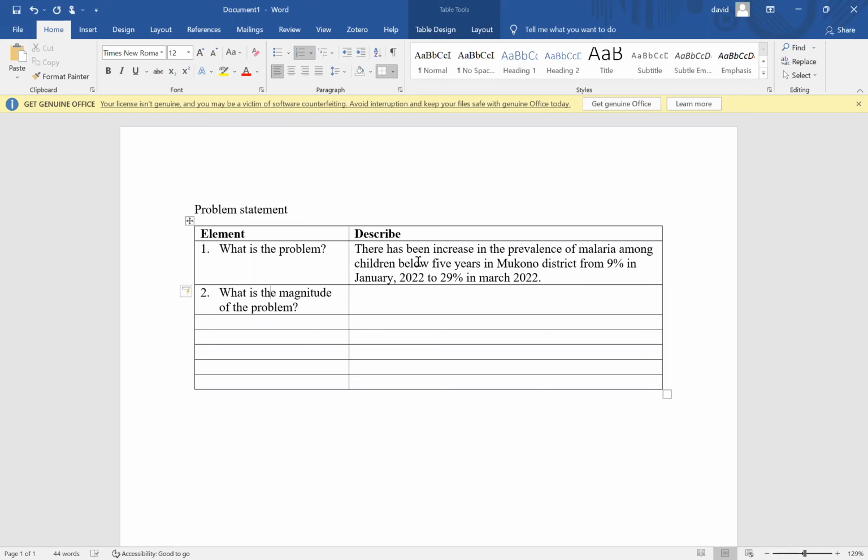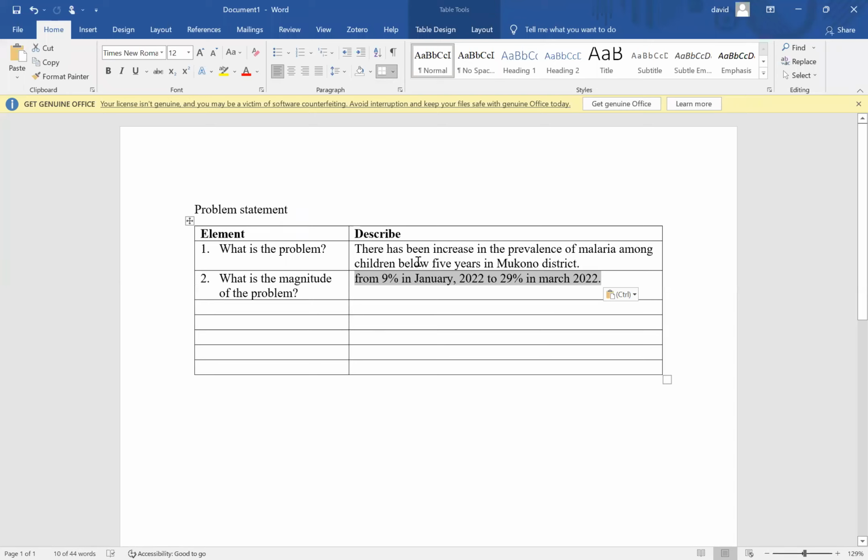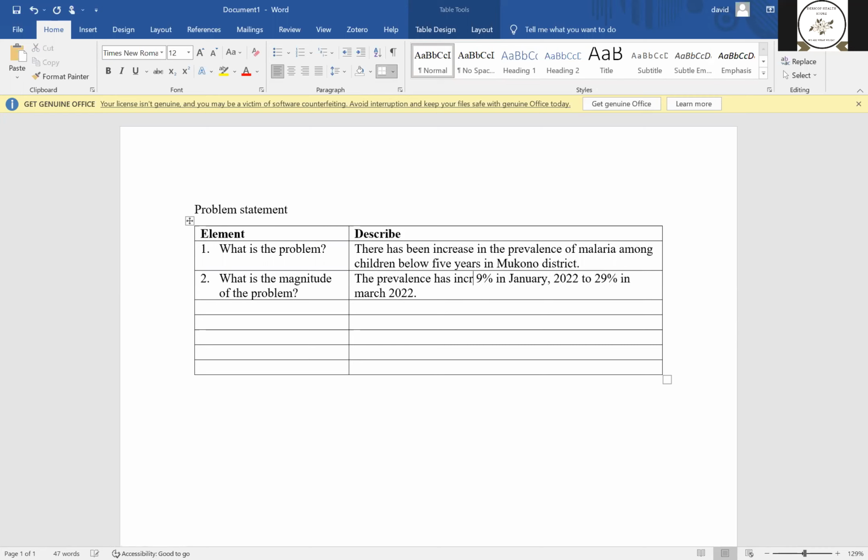That's the nature of my problem. So if I'm coming now to the next step, I'm providing the magnitude of the problem. That the prevalence has increased by 20%, from 9% in January to this and that.